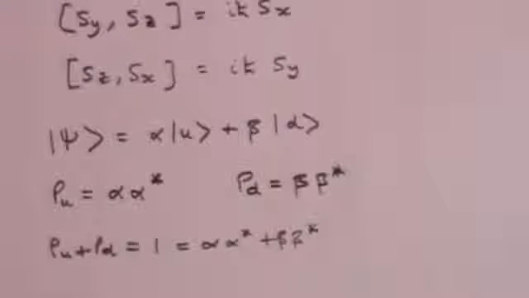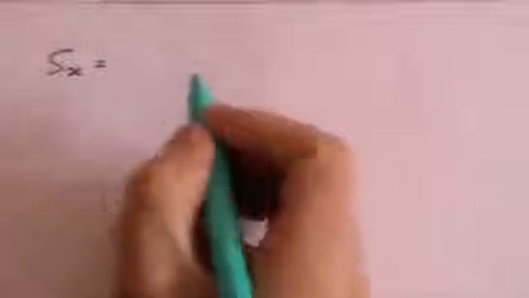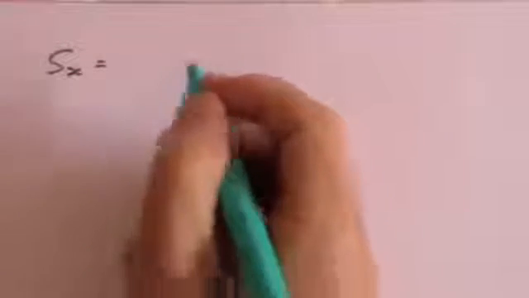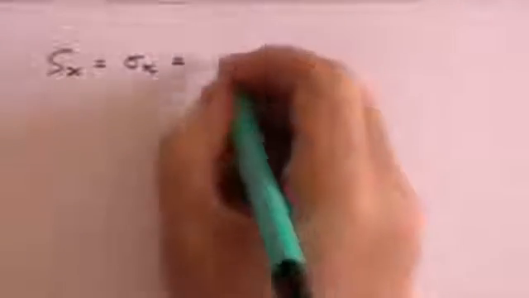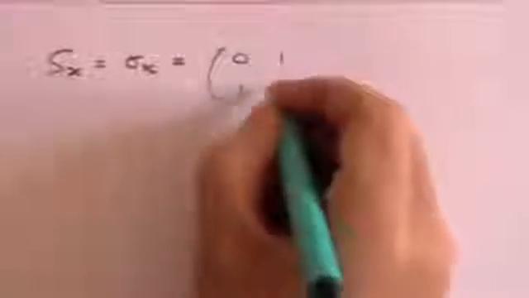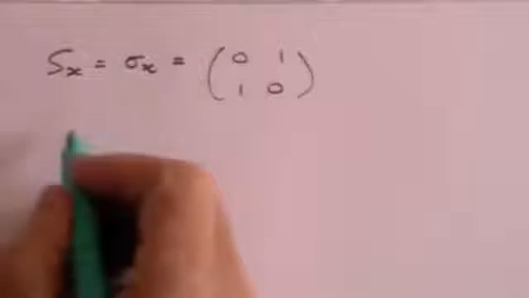That's called normalization. And what are these spin operators Sx, Sy and Sz? Well, we've actually already done this in quantum mechanics concepts. Sx is nothing more than the Pauli matrix sigma x, which you'll remember was 0, 1, 1, 0.